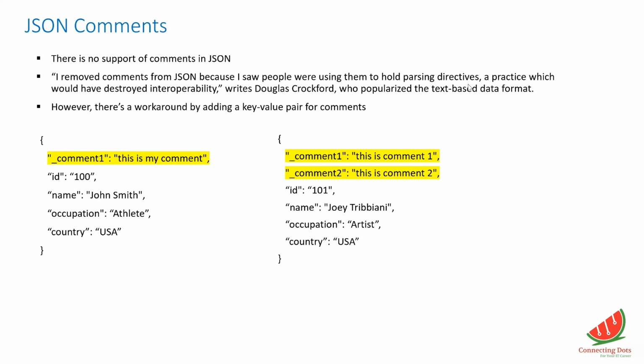Based on those instructions, they used to parse this JSON object in a different way by using custom coding, not the out of the box way, but instead custom coding based on these parsing instructions. That would have destroyed interoperability. Whenever we get a JSON object, we never ask anyone how should I parse this data, because it's a universal data representation, right?